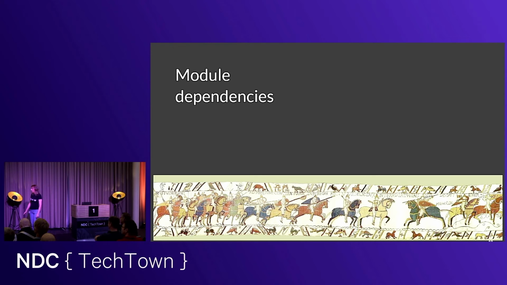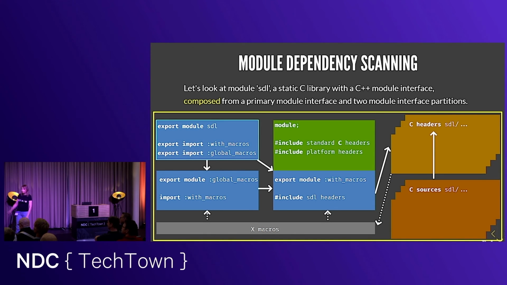So let's go into the dependencies, and for example, let's look at the SDL library. SDL is a C library. We can make a module interface out of it. It's a little bit more involved. We have the primary interface, and we also have 2 interface partitions.